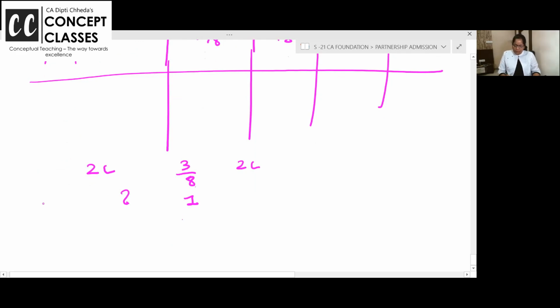So 1 total capital. All of you also write down. Ram is bringing 2 lakh for 3 by 8. So total capital 1 is how much? 2 lakh into 1 divided by 3 by 8. So into 8 by 3. 2 lakh into 8 by 3.